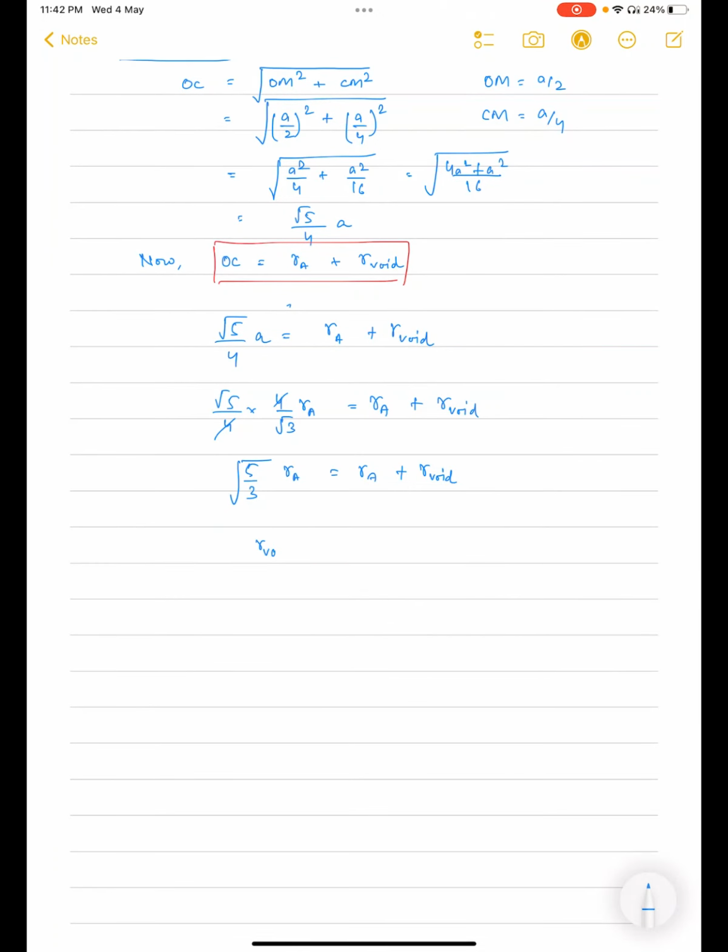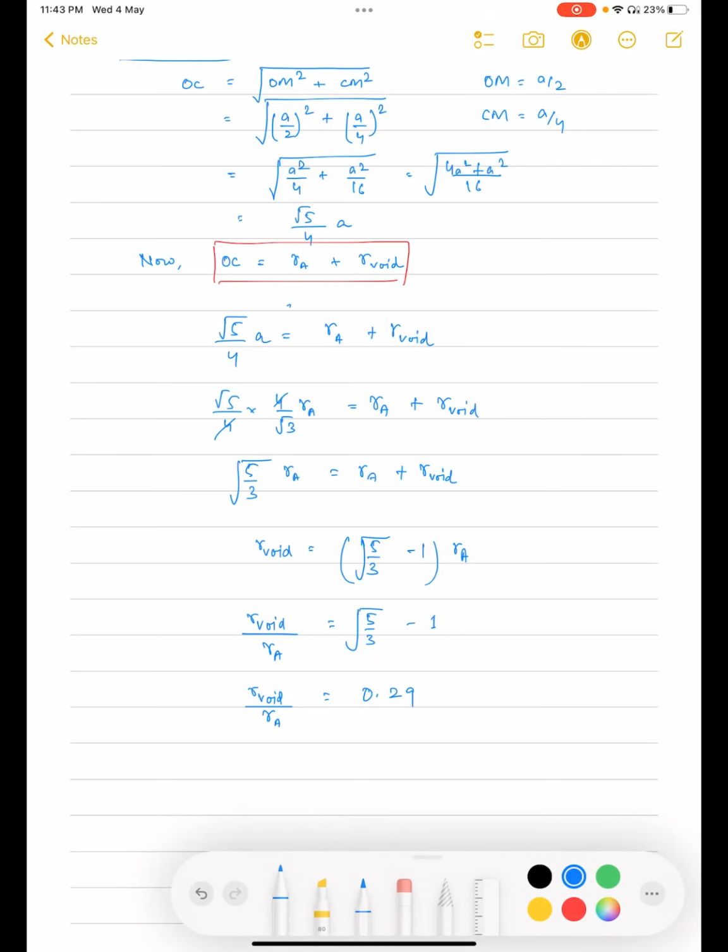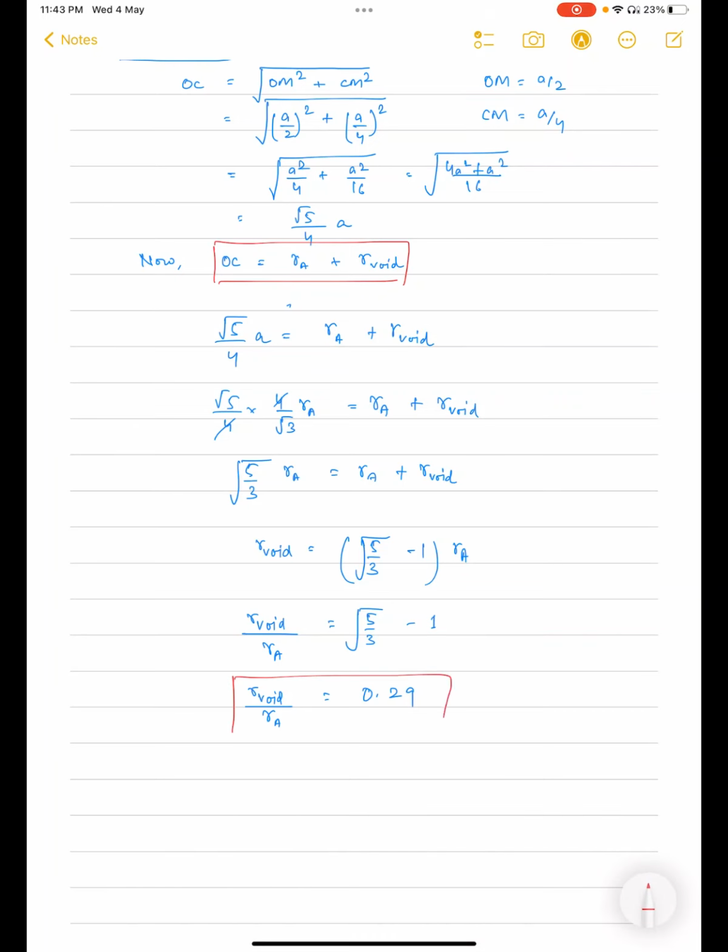So R void is equal to (root 5 by 3 minus 1) into RA. So the ratio R void by RA is root of 5 by 3 minus 1, which is 0.29. This is the required ratio.